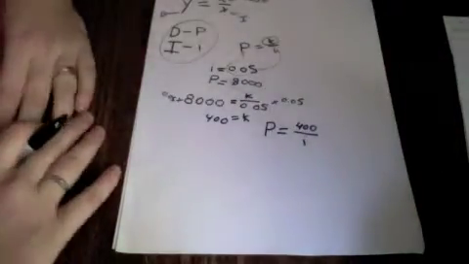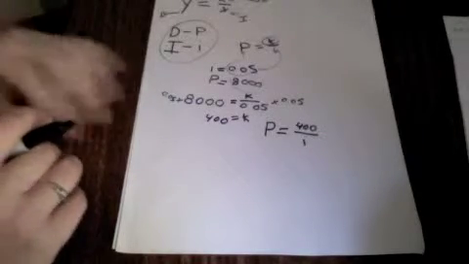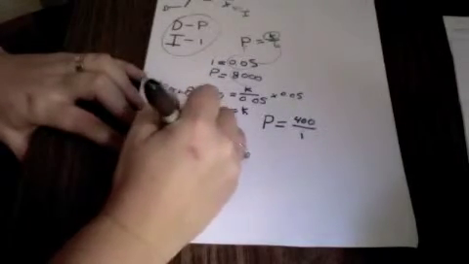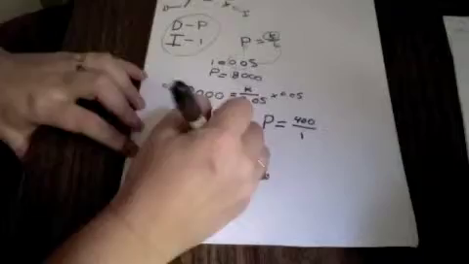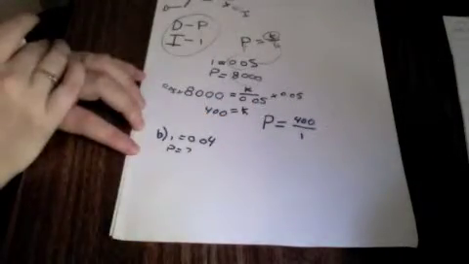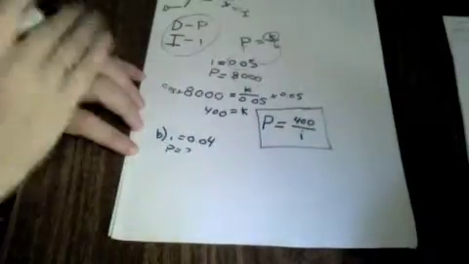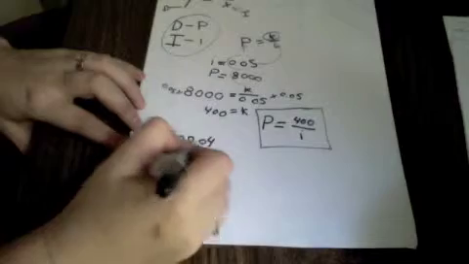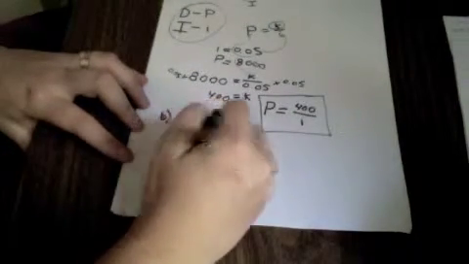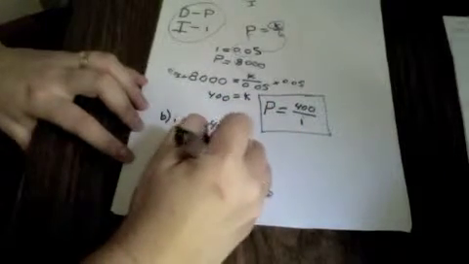Question B. How much principal needs to be invested at a rate of 4%? So we know that I equals 0.04. What does P equal? All we need to do is take this equation and substitute for the I 0.04. So when I do that, I say P equals 400 over 0.04.